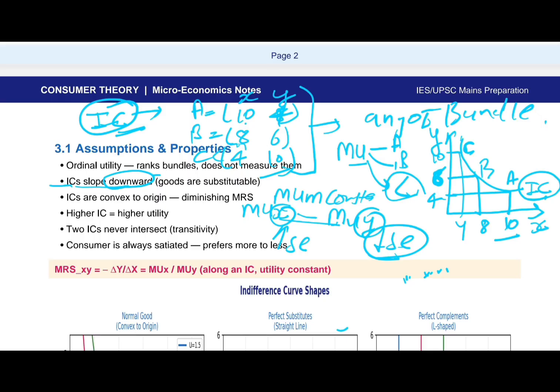So we write it like this: marginal utility of X upon marginal utility of Y equals marginal utility of money. Okay, let me clear it and I will explain this concept again.